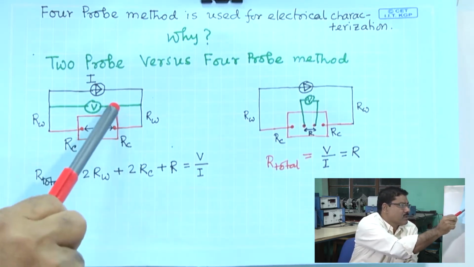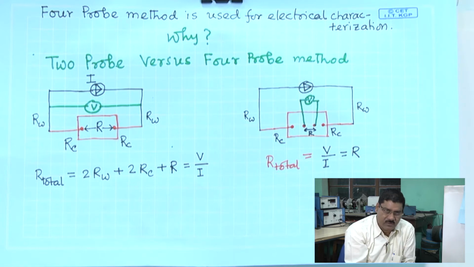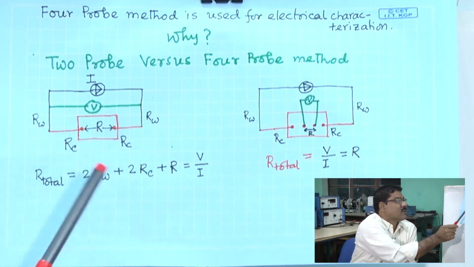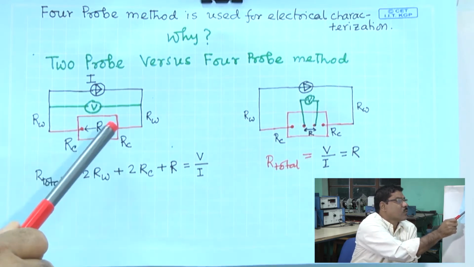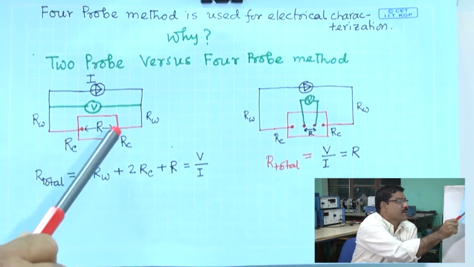With the sample you need to connect 2 electrodes for passing current through the sample. So, you have to take 2 contacts with this sample, these 2 red lines.